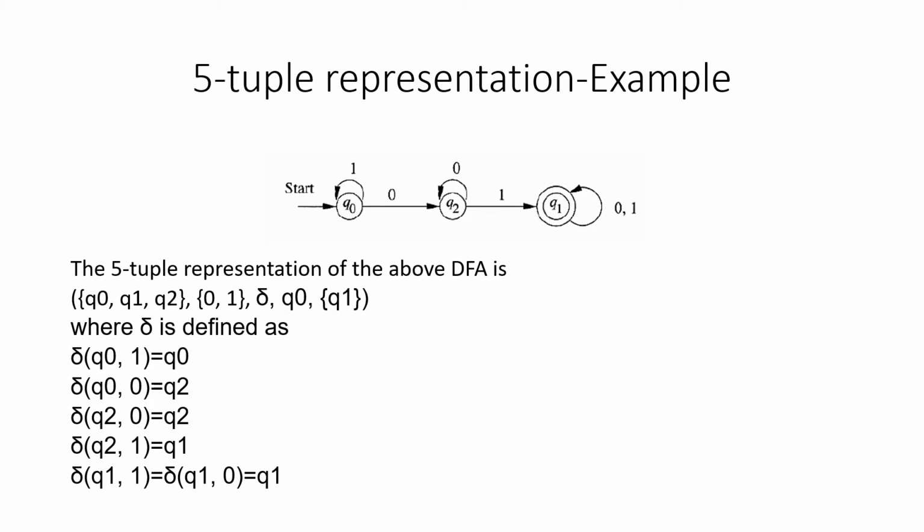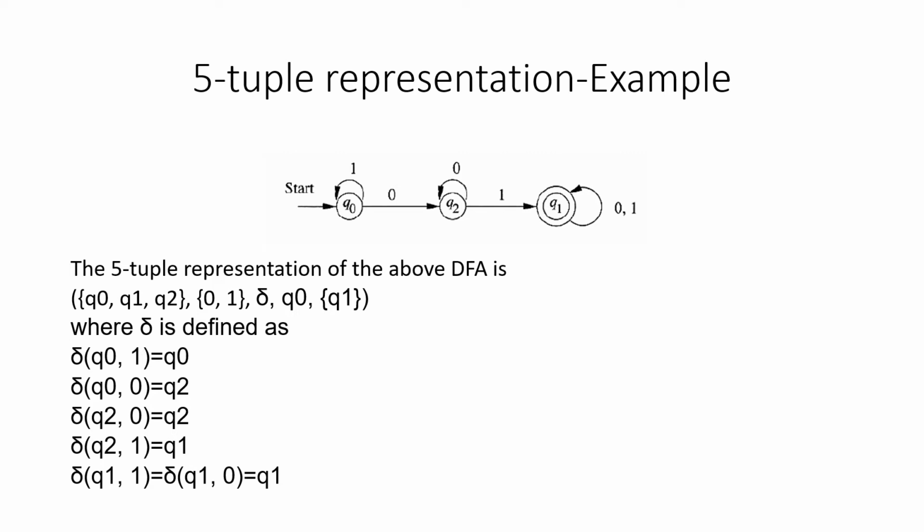Similarly, when the automaton scans the input symbol 1, it remains in the same state, Q0. Similarly for the state Q2: when it scans the input symbol 0, it remains in the same state, Q2. Q2, when it scans the input symbol 1, goes to the state Q1. Similarly for Q1, by scanning both the input symbols 0 and 1, it remains in the same state.